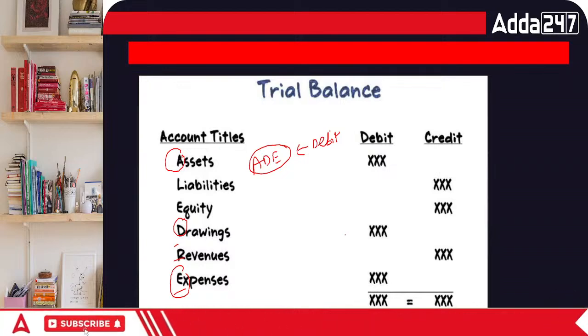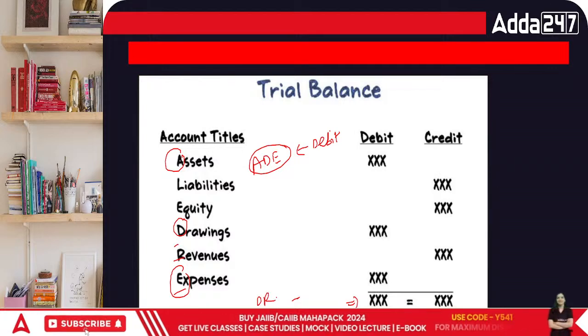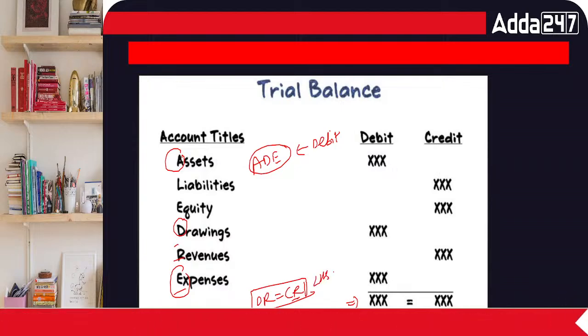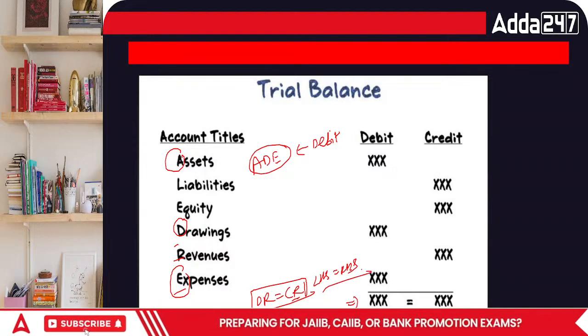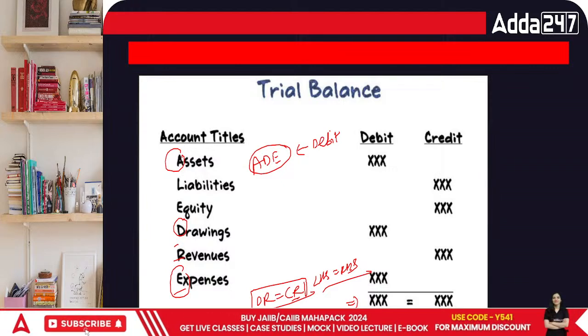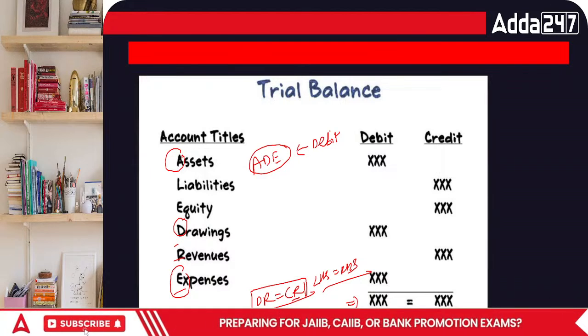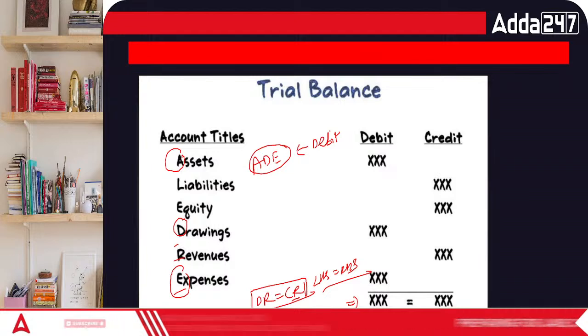Acha, one more thing. Can you see below there we have debit is equal to credit. This situation is LHS equal to RHS. If this matches, that means your particular books of accounts is error free. There is no error in this specific area related to arithmetical accuracy.